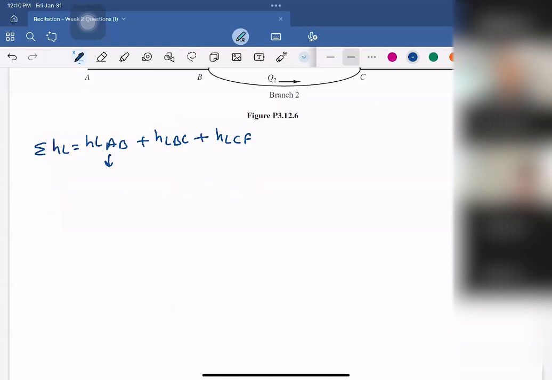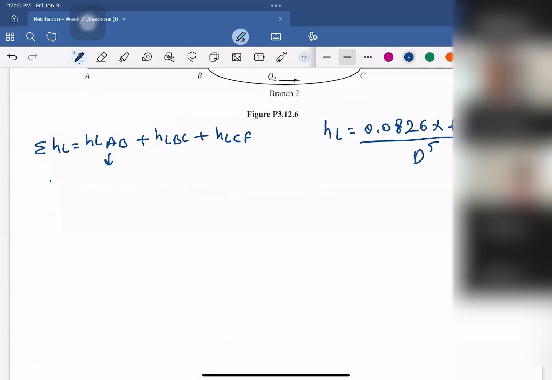We have an equation for head loss: 0.0 times F times L over D to the power of 5 times Q to the power of M. This is for one inch.